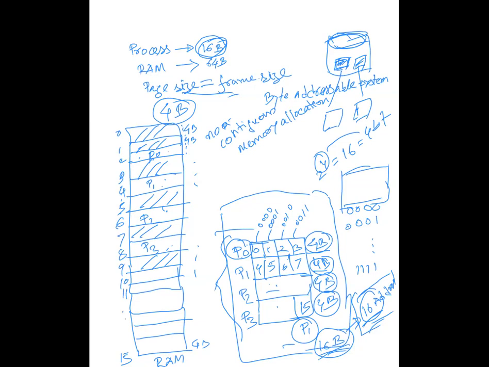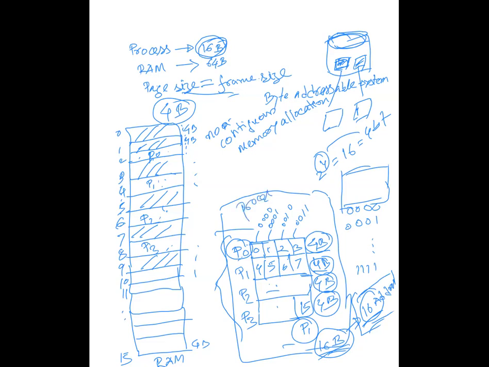That's this way. Now, how does your CPU know that page P0 is in this location, P4 is in this location, P2 is in this location, and P3 is in this location? How does it know?